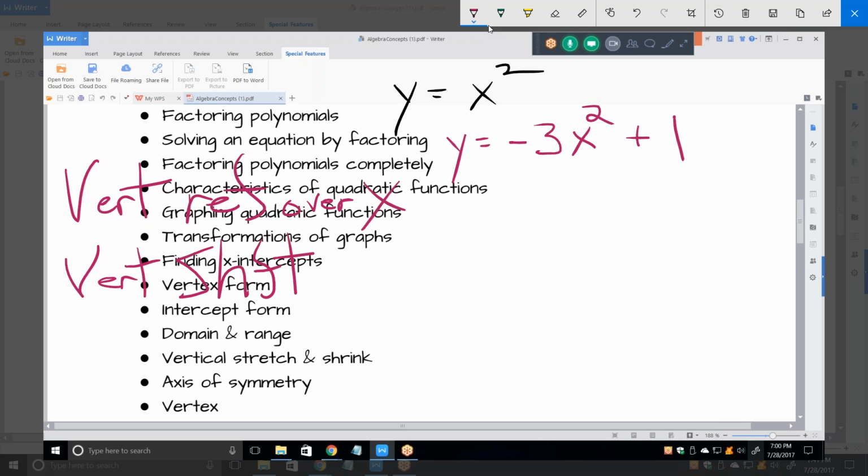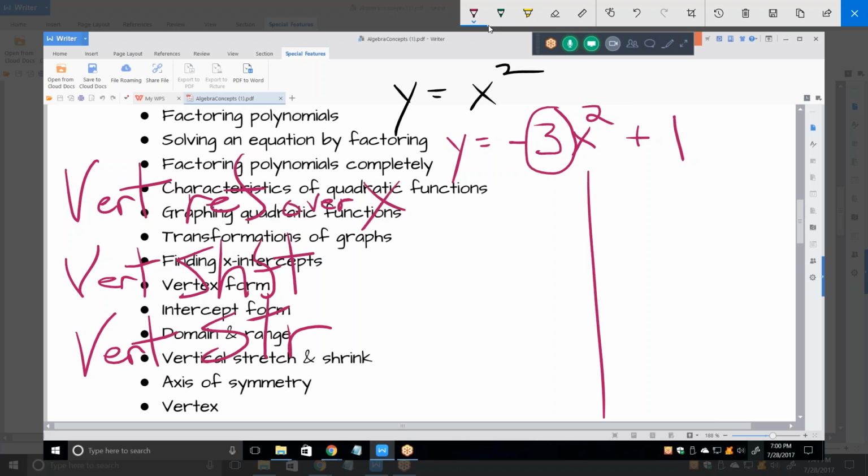Shift meaning it does not change the shape. It takes whatever curve I have and moves it up 1. And finally, what does that 3 do? A vertical stretch. Okay, so we have to do those 3 things to our original curve.